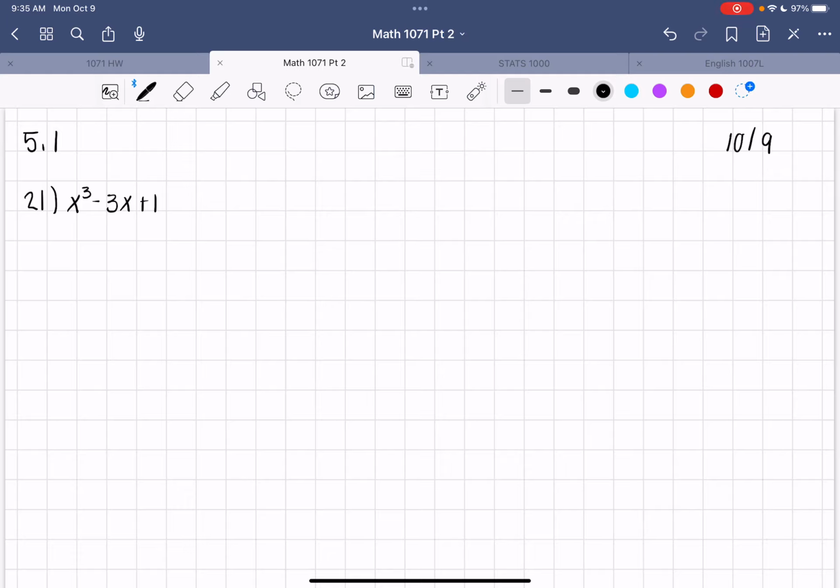So here we have f of x is x cubed minus 3x plus 1. Okay.